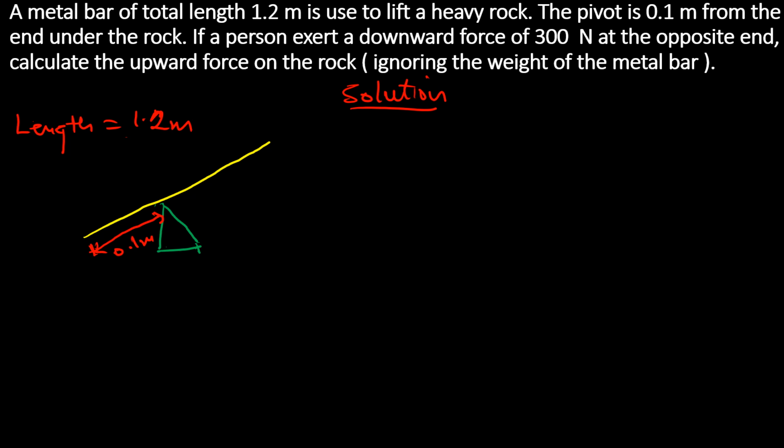So if from the pivot to the rock is 0.1 meters, meaning the other side, this side will be 1.2 minus 0.1, which will give us 1.1 meters.